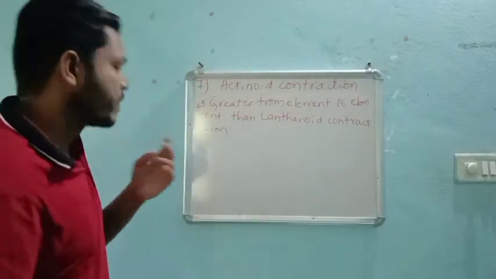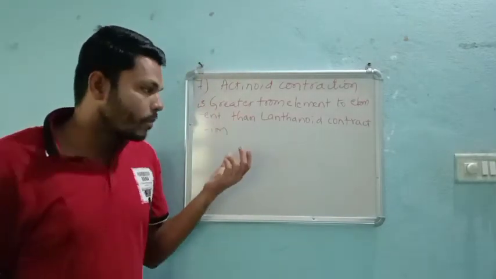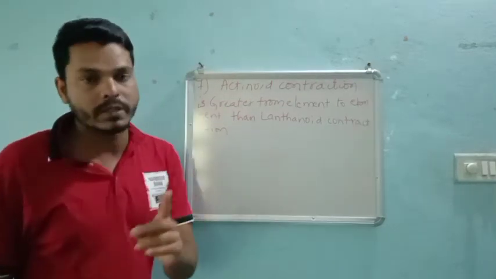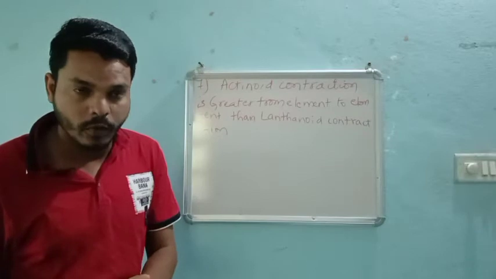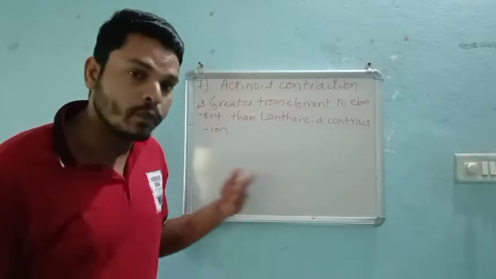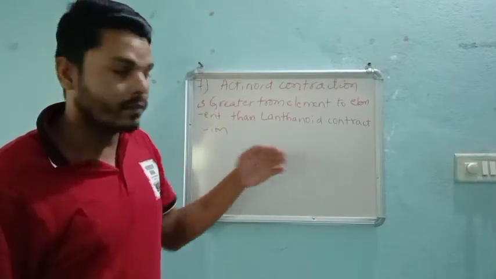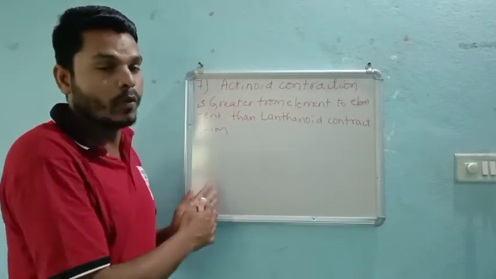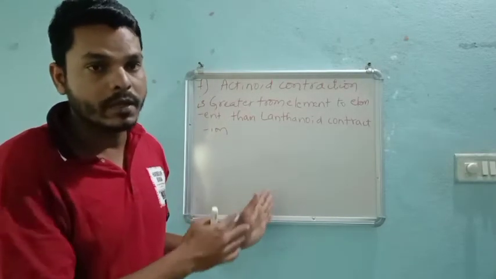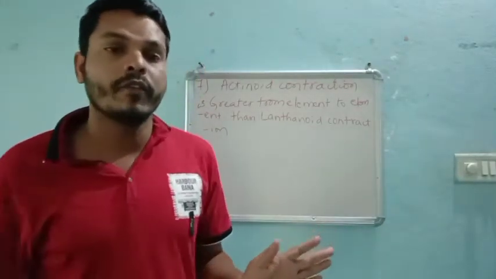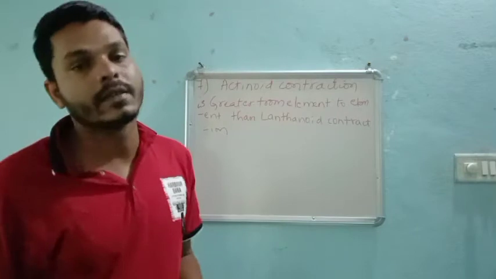Why? Because here the 5f orbital has a poorer shielding effect, right? About the shielding effect I have already explained. As we move from s to p, the shielding effect decreases. From p to d, again p has a little more as compared to d orbitals. If we compare d and f, then definitely f has again less shielding effect.